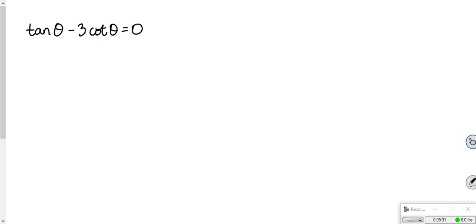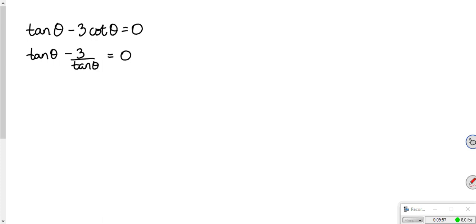I ended up rewriting this by taking cotangent as 1 over tangent. Remember, cotangent is the inverse of tangent, so it's 1 over tangent. So I rewrote it that way.